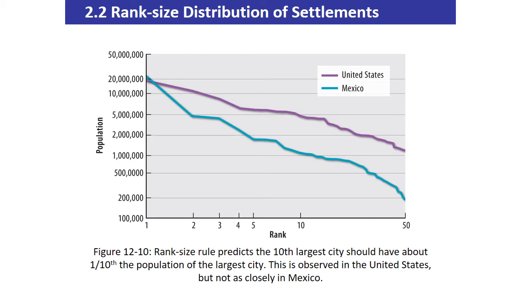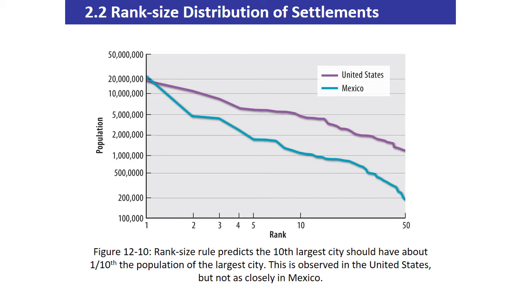To a lesser degree, Mexico, although Mexico has a little bit of a gap there. It looks like their largest city, probably Mexico City, is significantly larger than the next largest city, which has a population just under 5 million. So you'd say probably not as good of a candidate for the rank size rule.